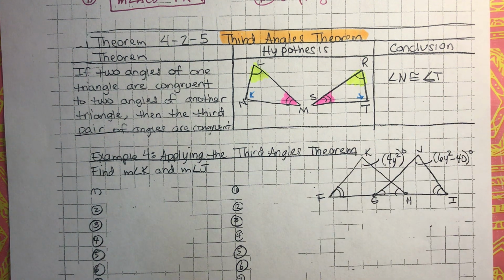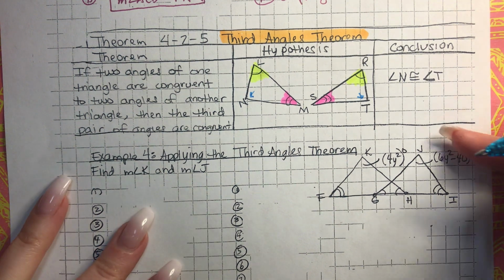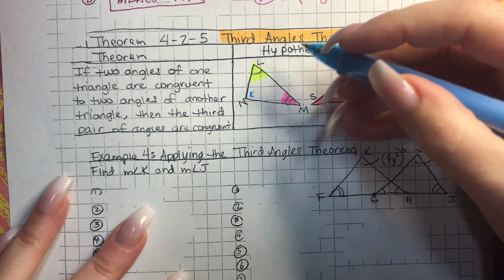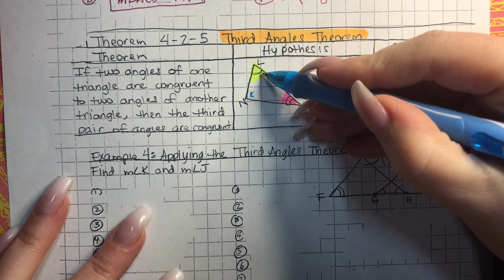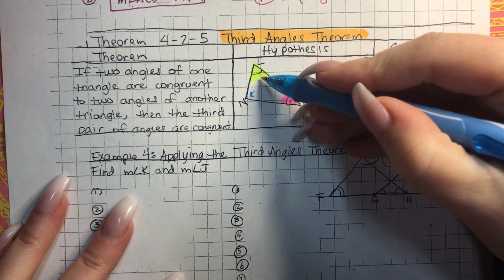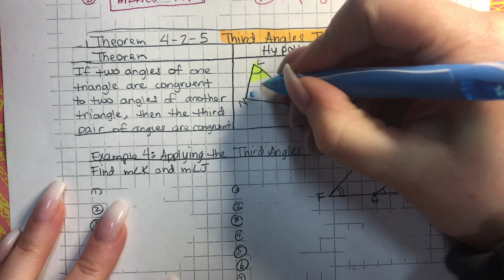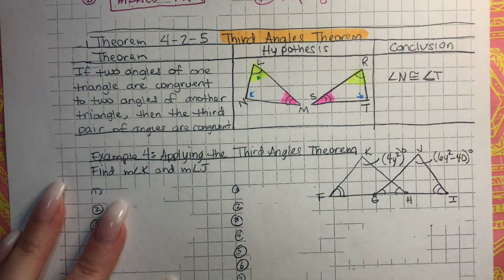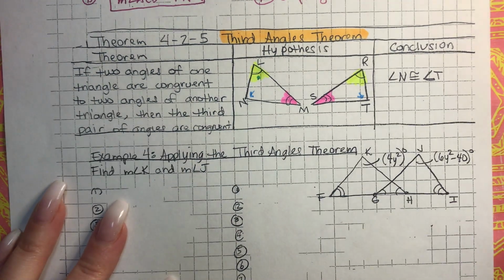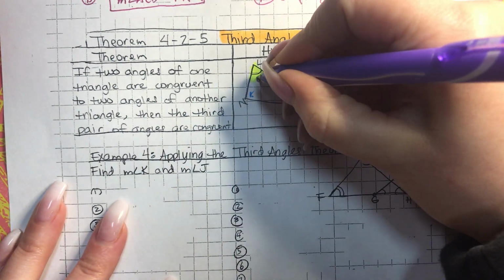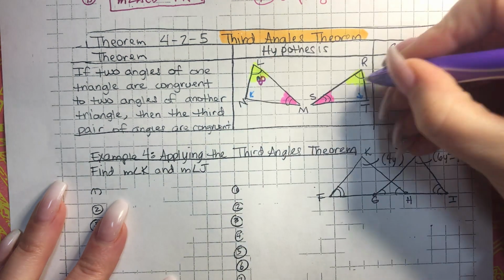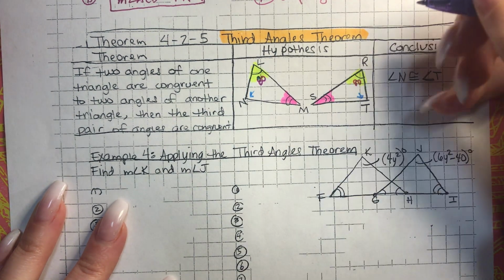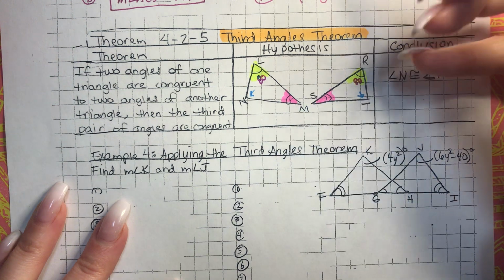Okay, let's see if this makes sense. Let's just put some numbers on here, and I just want to keep it super easy. Let's call this one 80. I'm going to do a different color. So if this one's 80 and this one's 80, and I'm just making up numbers, right?